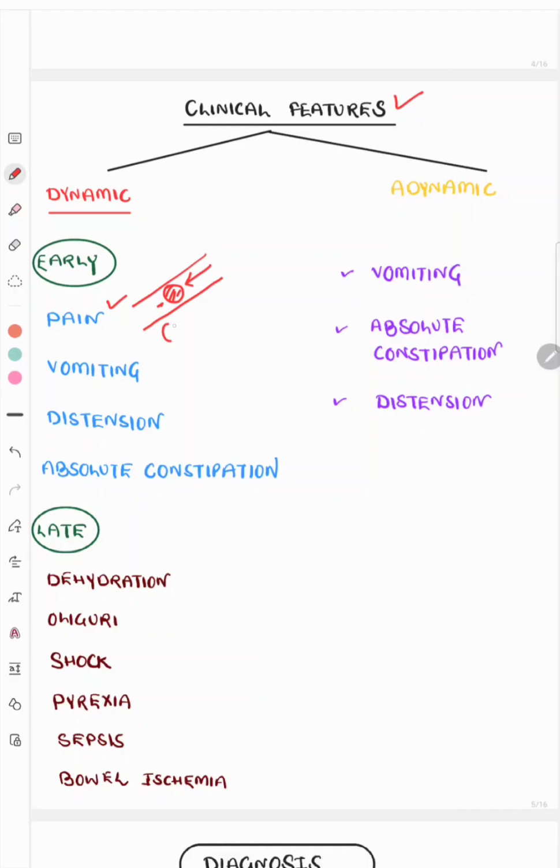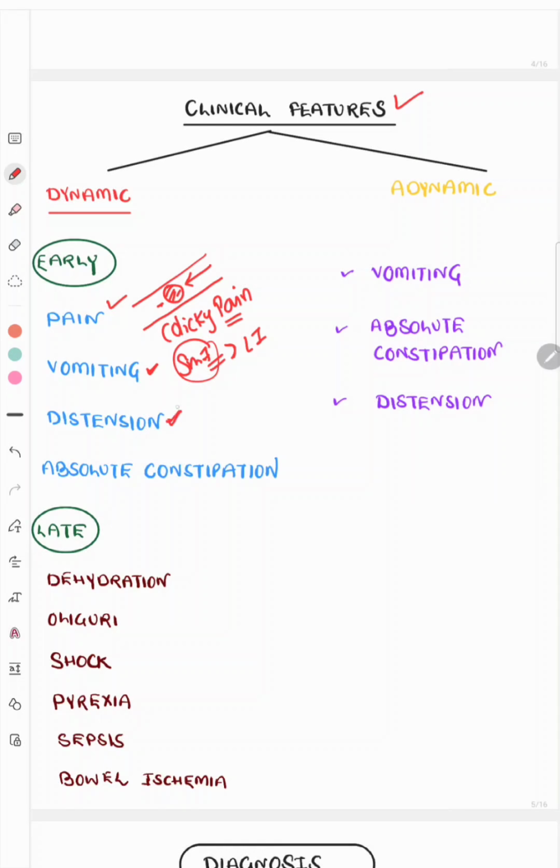So there will be colicky pain in the early stage, and vomiting. There will be vomiting in high level obstruction, small intestine obstruction. It is an early feature as compared to large intestinal obstruction, in which vomiting is a late feature.